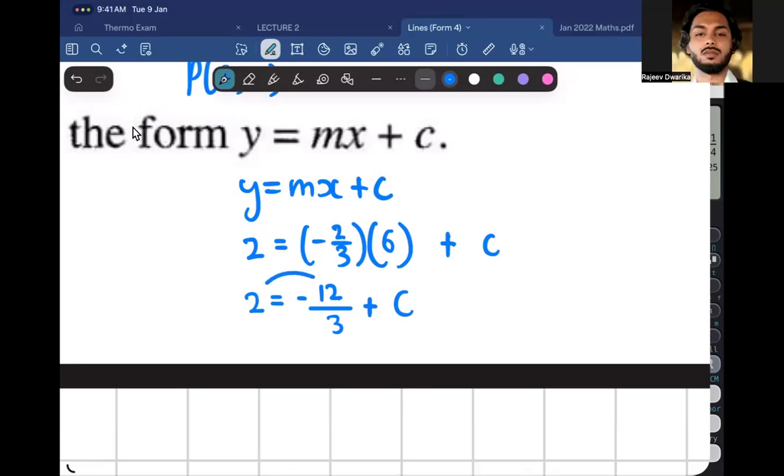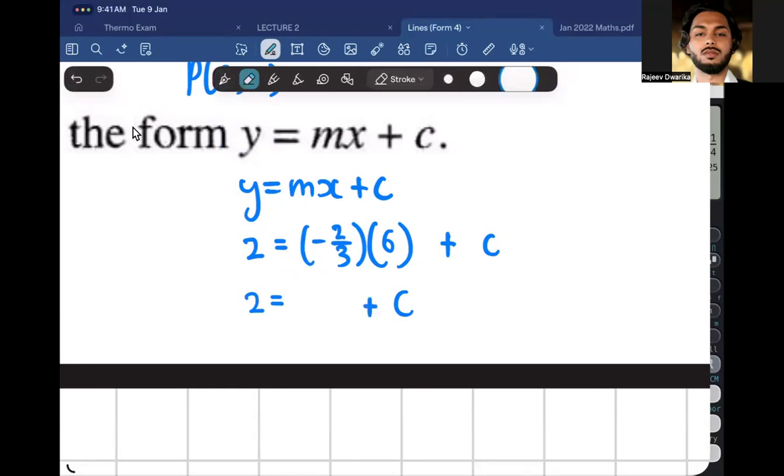But do you think you could simplify minus 12 over 3? I think so, sir. What's 12 over 3? Negative 4.